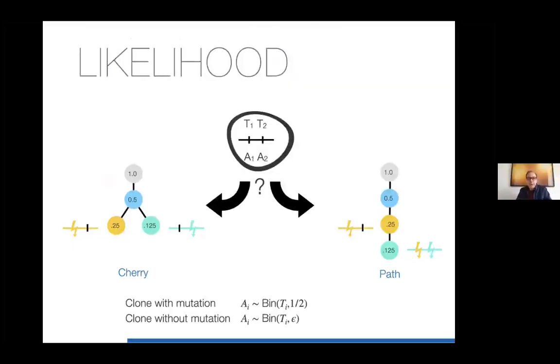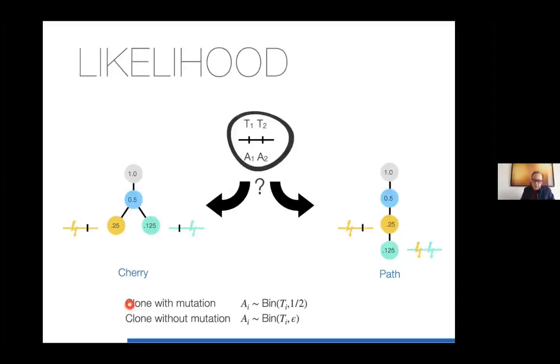So yeah, let's say that we're considering two SNV positions. We have the total number of reads and we have the number of reads which have the alternative mutation. Then it seems to be good to use this rule.